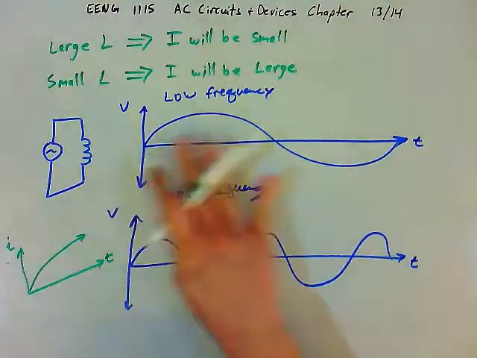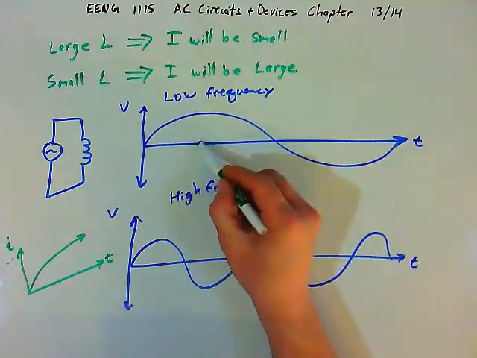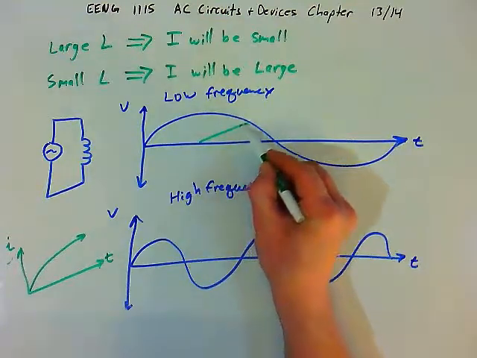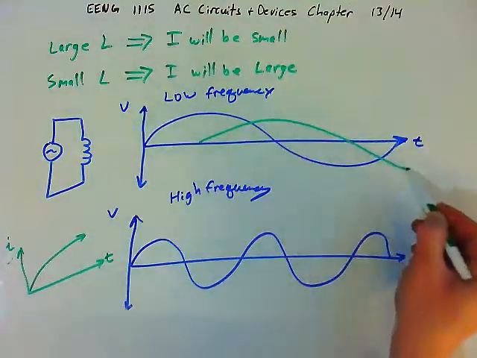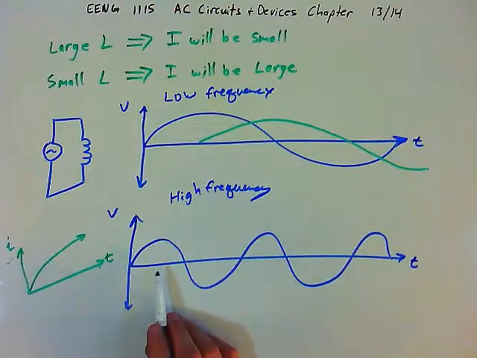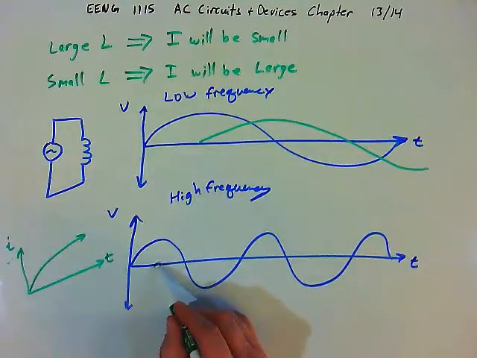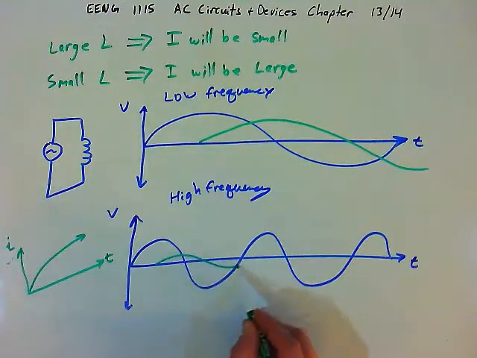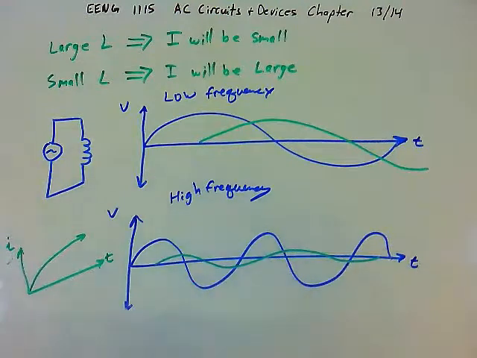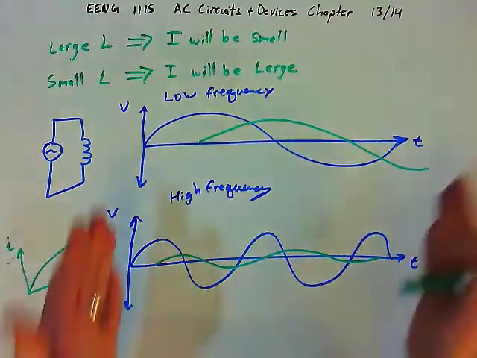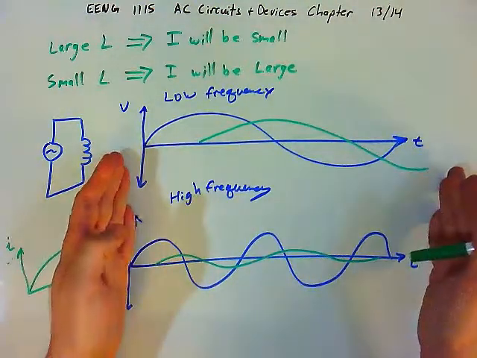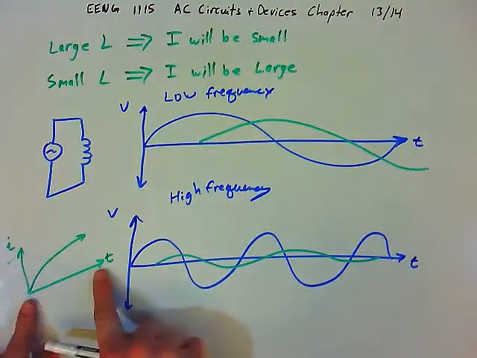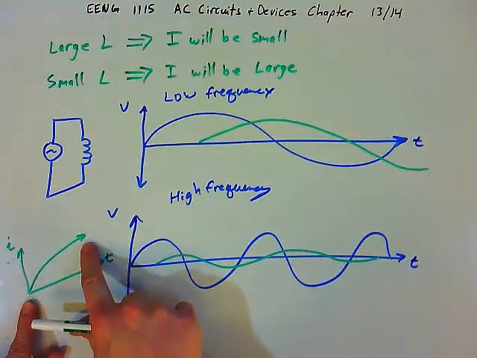Well, in a low frequency, the current has a nice long period of time to rise and fall. In a higher frequency, the current does not have as much time to rise and fall. And so what that means is that when the frequency is low, we're giving the current plenty of time to rise up to some maximum value.